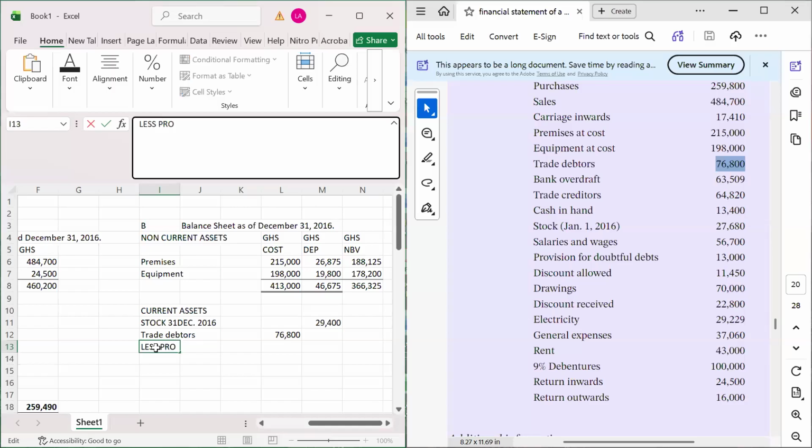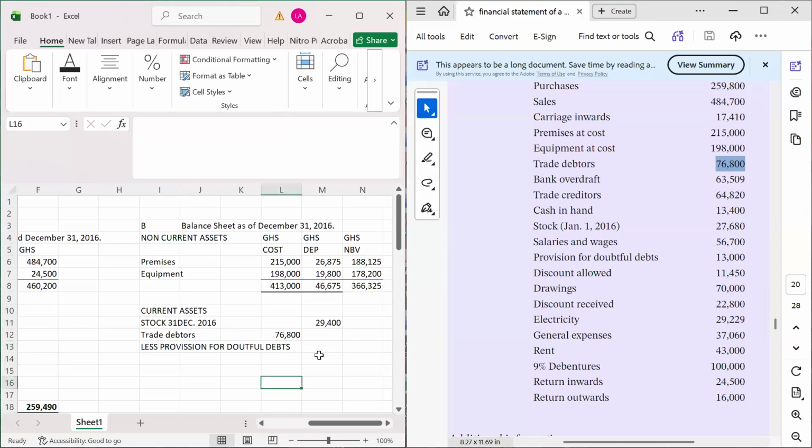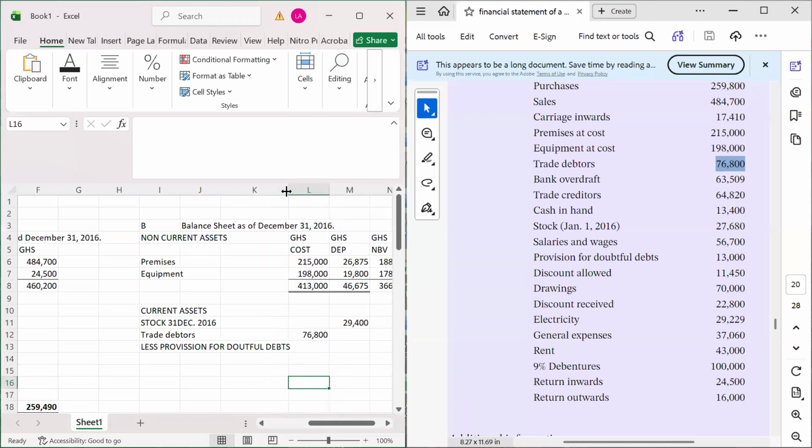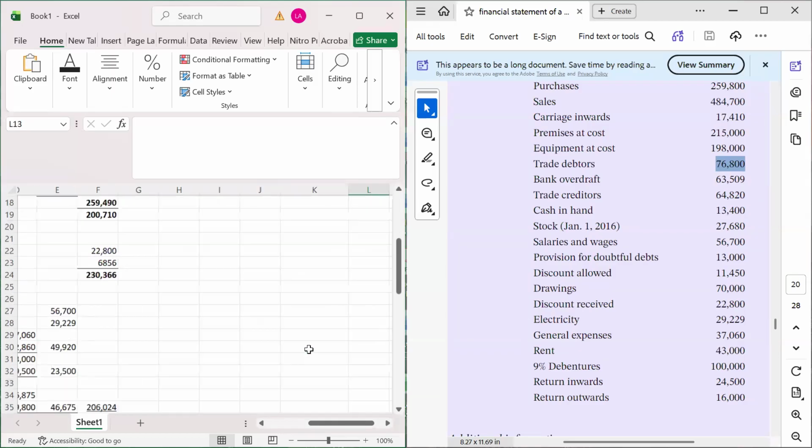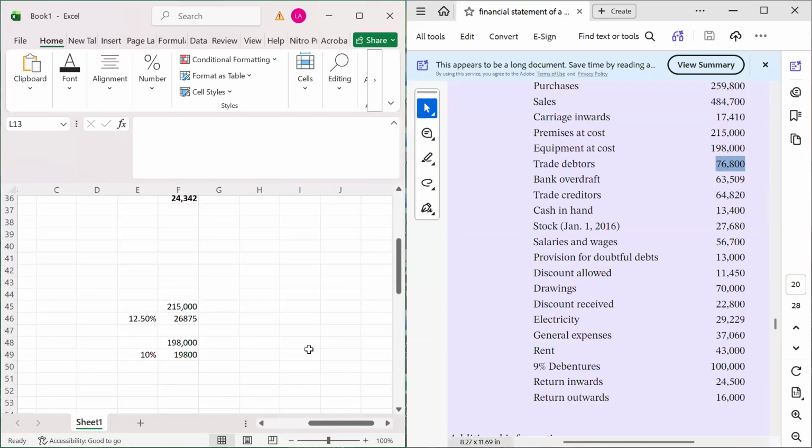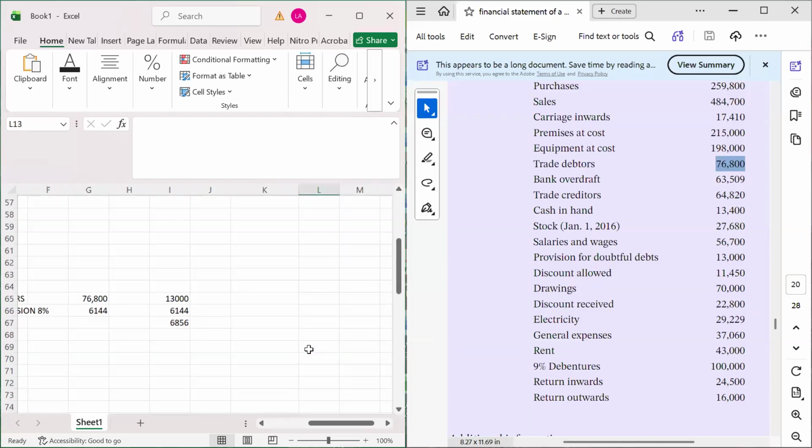Less provision. And that figure is what we calculated there as 6144.